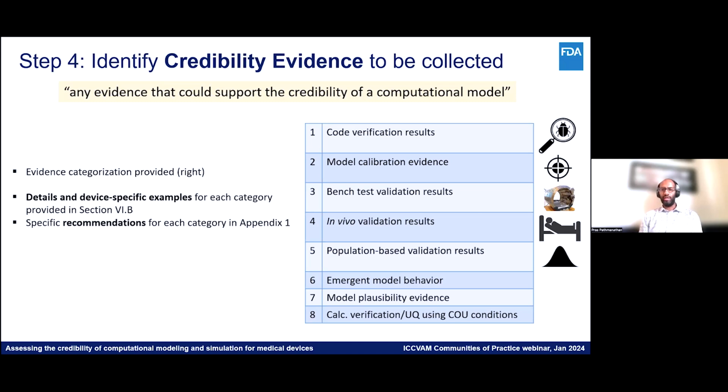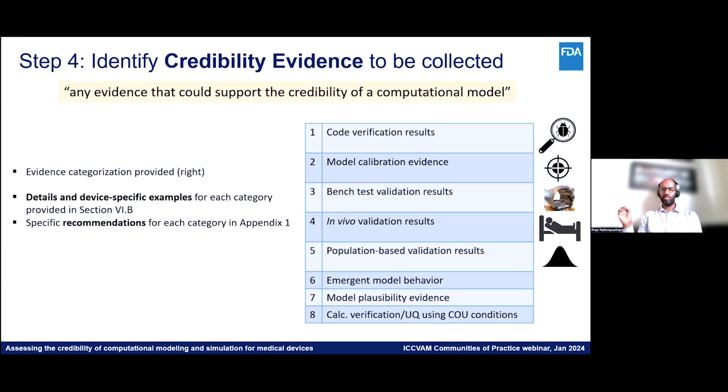Validation is defined as testing a model against data that was not used in the model development. And the next three steps are different types of validation based on what the model is compared against, whether it's compared against bench test data, whether it's compared against in vivo data. By that we mean either animal or clinical data, or whether it's compared against population level clinical data. And that case applies to when we have a range of patient models and it's not possible to validate any particular patient model, maybe because the patient models are generated by sampling.